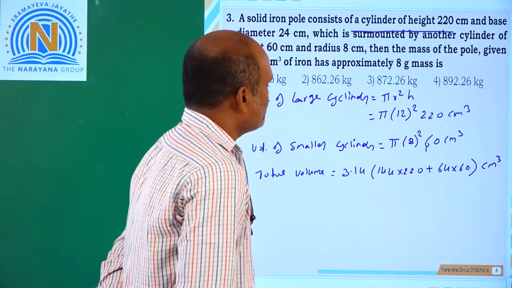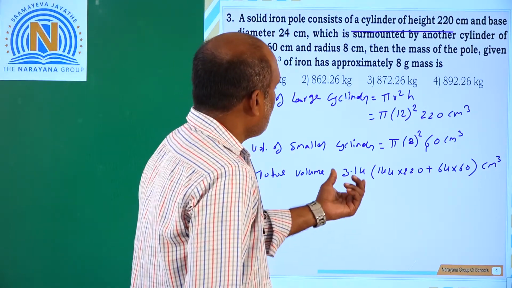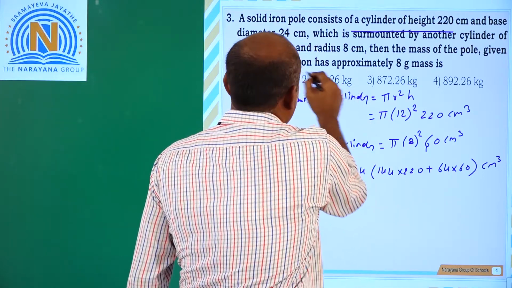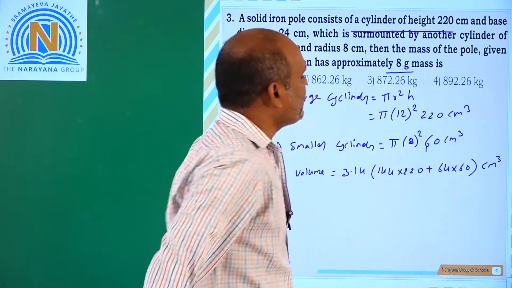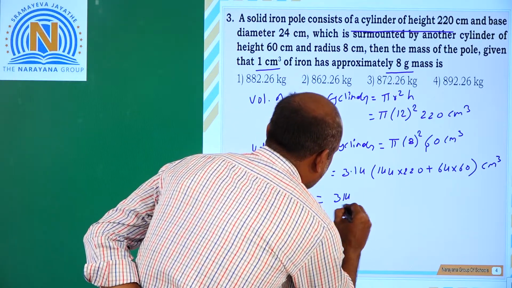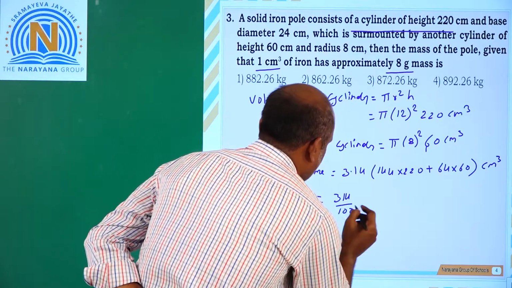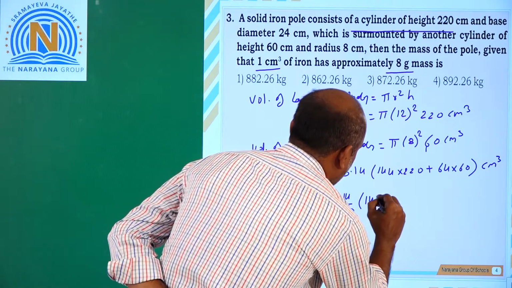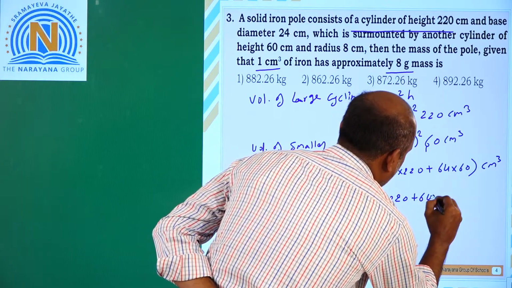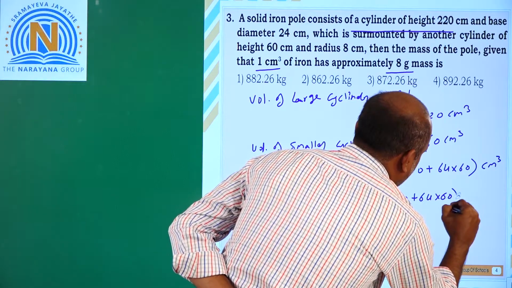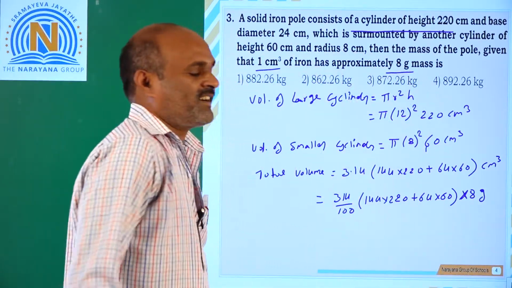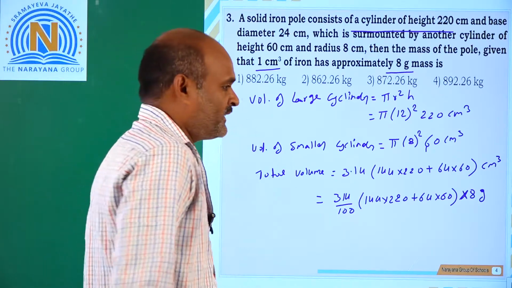This is the volume, and 1 centimeter cube is given as 8 grams. So the weight is equal to 314 by 100 into 144 into 220 plus 64 into 60, into 8 grams.